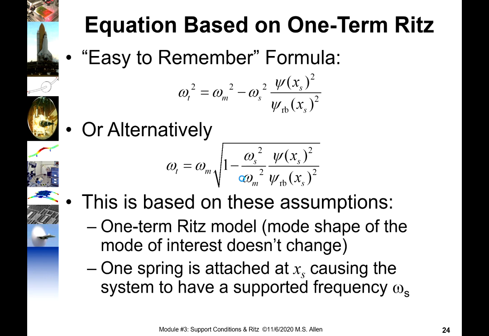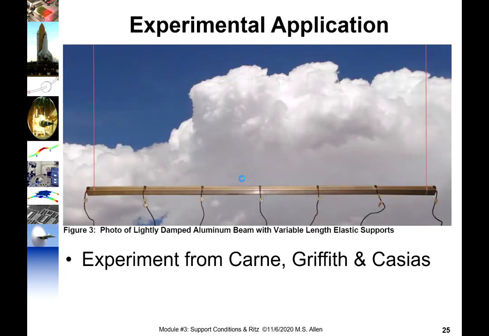All right, let's look at some applications of this. Here they tested a free cantilever beam, or free beam. They wanted this to be a free aluminum beam, hanging it from thin bungee cords, thin strings, and looked at varying the stiffness of the supports to see what effect that would have on the error and to validate all of these equations.